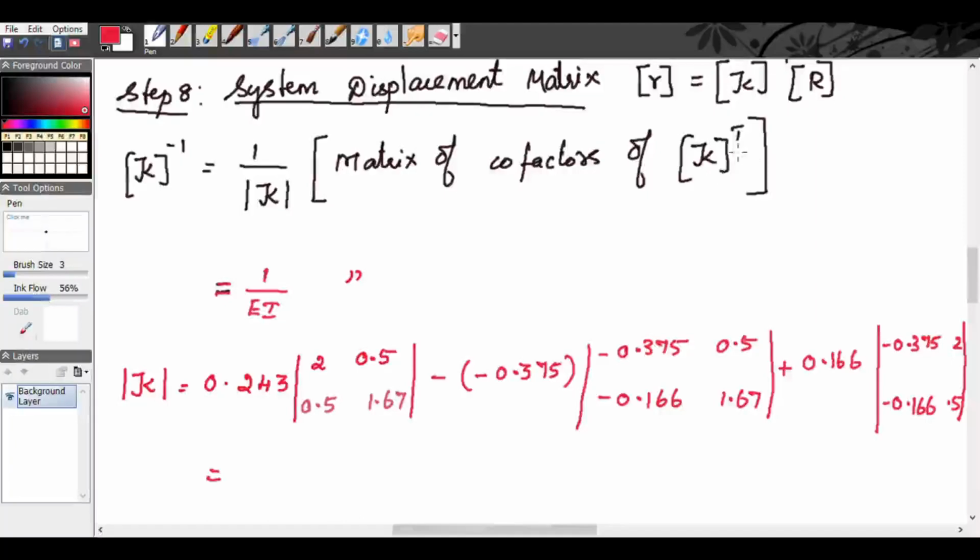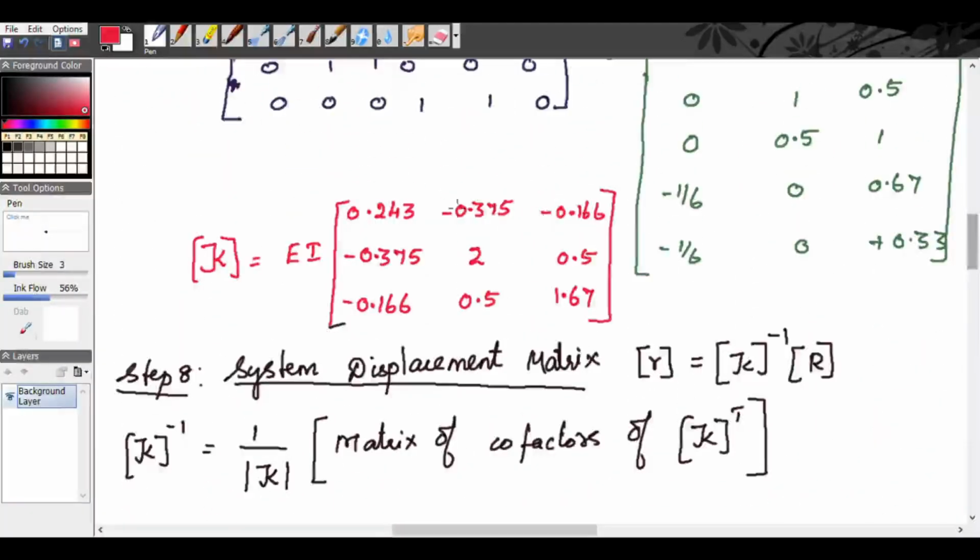So we will find K transpose first. So how will you find K transpose? Just interchange the rows and columns, right?